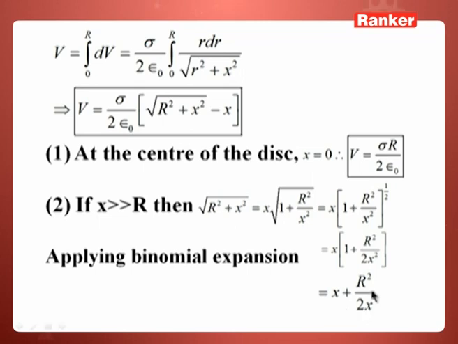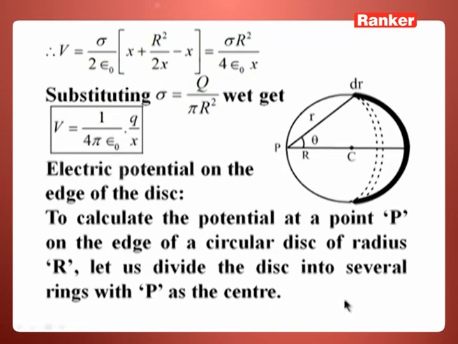Now, if you take this in place of root over r square plus x square, you can substitute the value of V, which is equal to sigma by 2 epsilon naught into x plus r square by 2x minus x. How much does it become simply? The x gets cancelled, and you are left with sigma capital R square by 4 epsilon naught x.